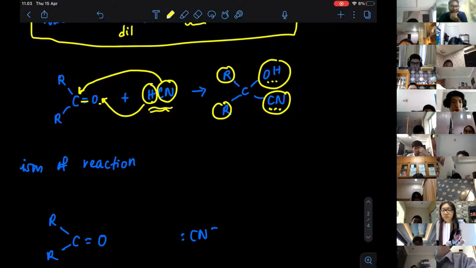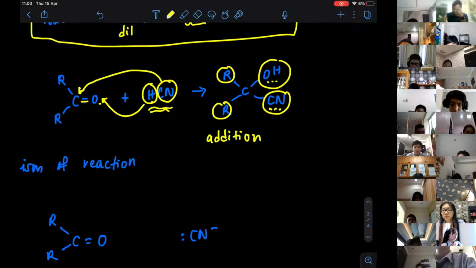Let's go for the easy question first. Is it a substitution or addition? Addition. Yeah, correct, you already have half correct over there. Now, just now I said the CN goes where? The carbon.